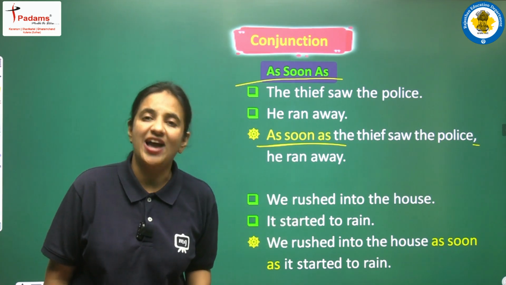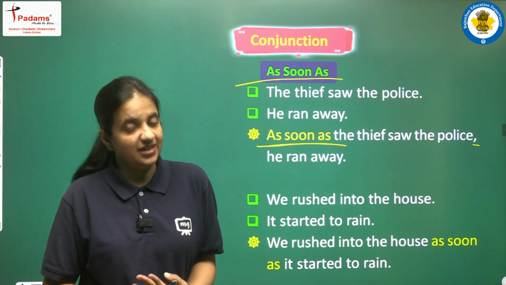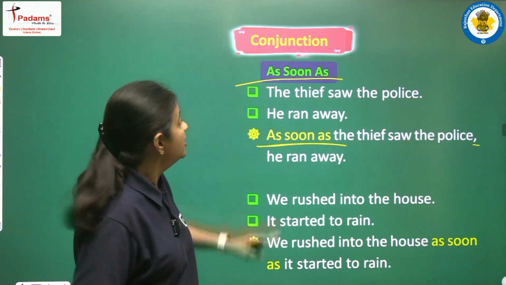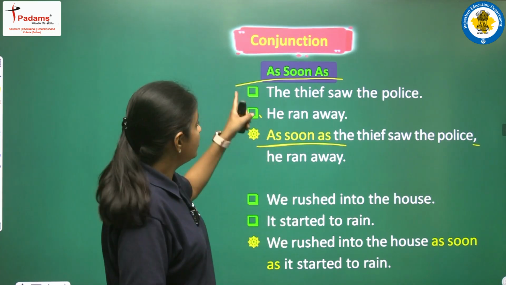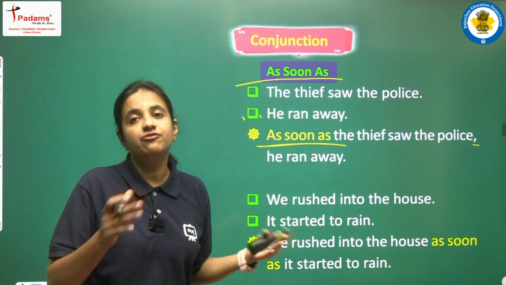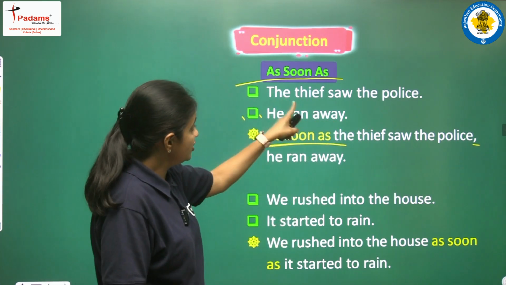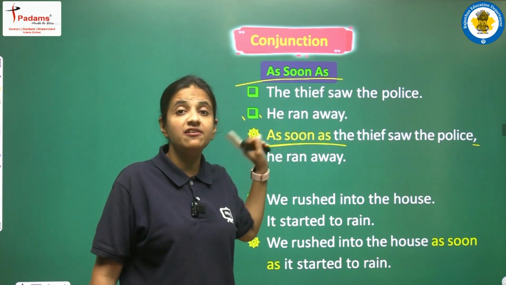And now let's try to understand what this conjunction actually means and how it actually works. So here, after reading these two sentences, one thing is clear, that we are having two statements here. We are having two different actions here. The first action was that the thief saw the police. The second action was he ran away.